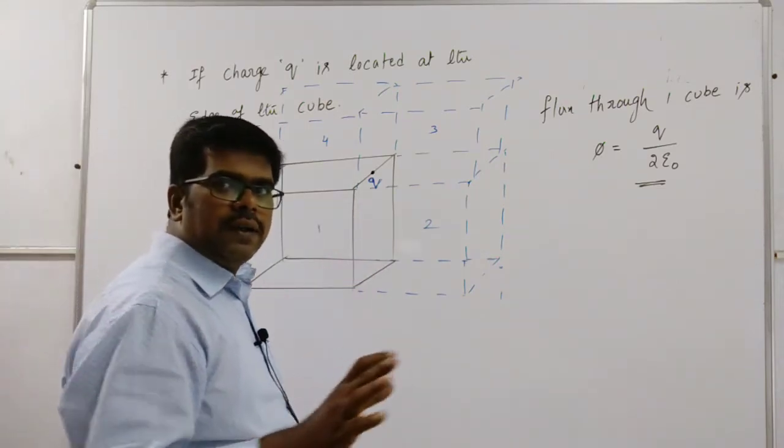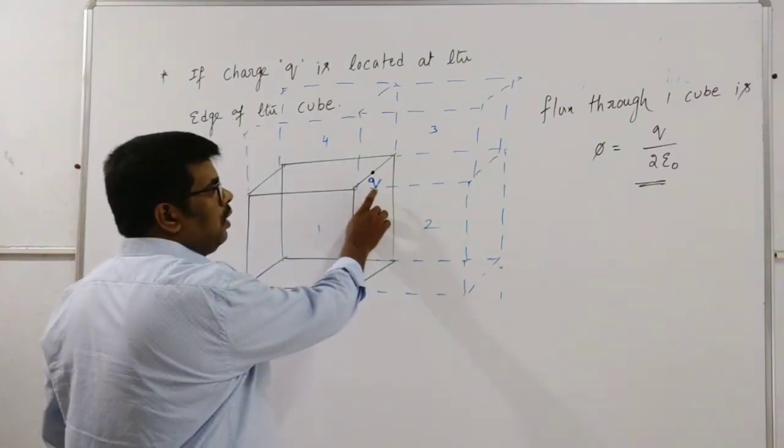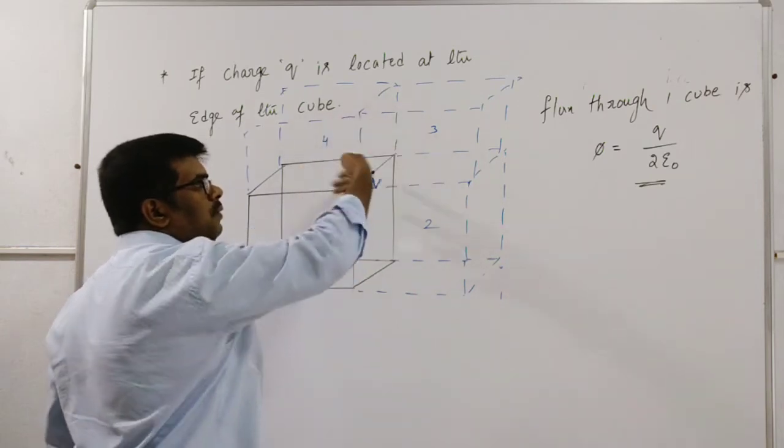So the total flux through these 4 cubes is nothing but 1 by epsilon naught times the charge enclosed by these 4.